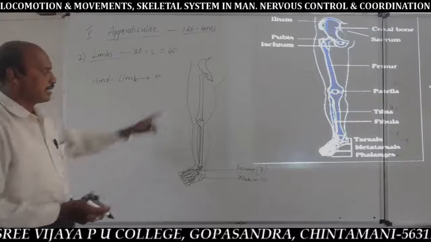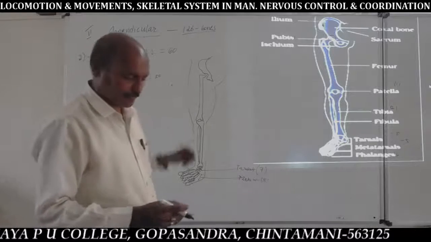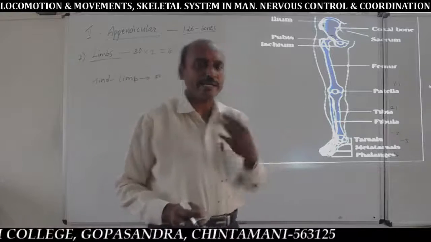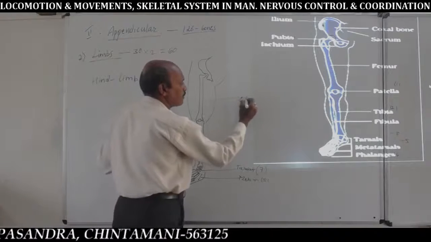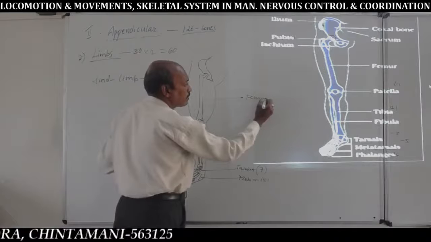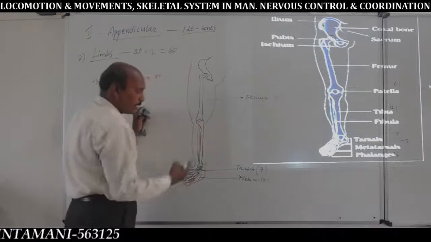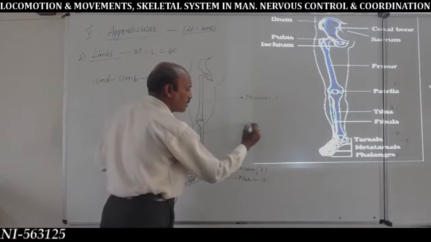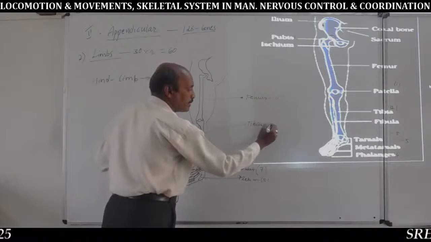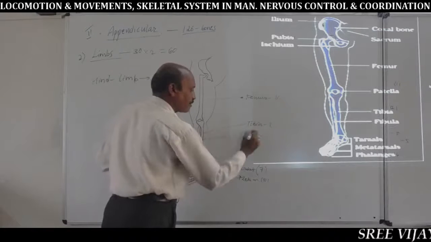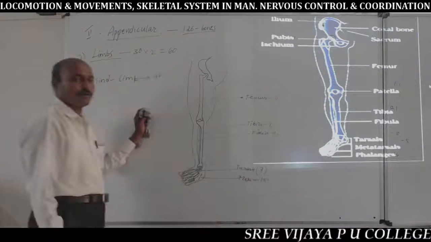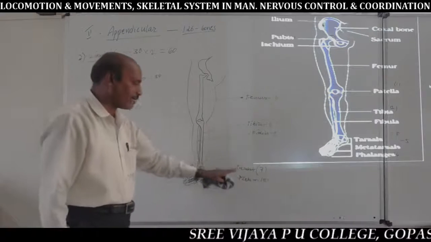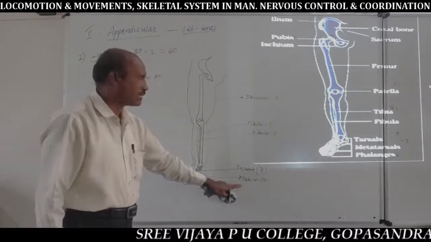See here, this is the hind limb, either right or left. Each hind limb consists of femur bone 1, tibia 1 and fibula 1, tarsals 7, metatarsals 5.